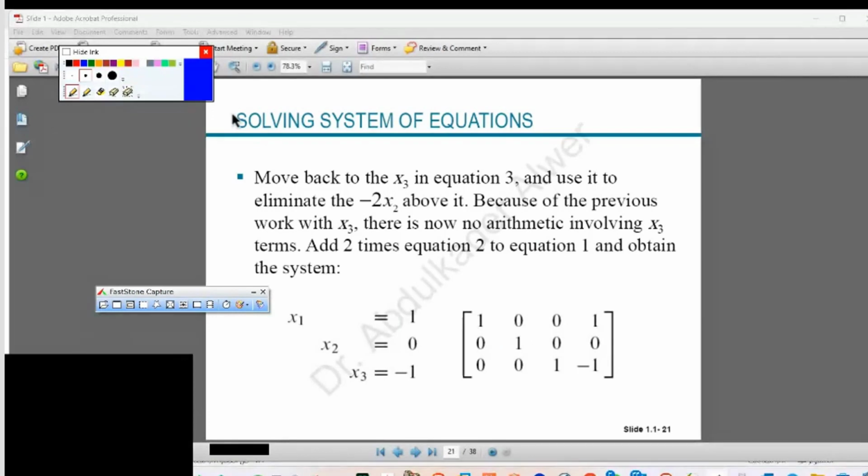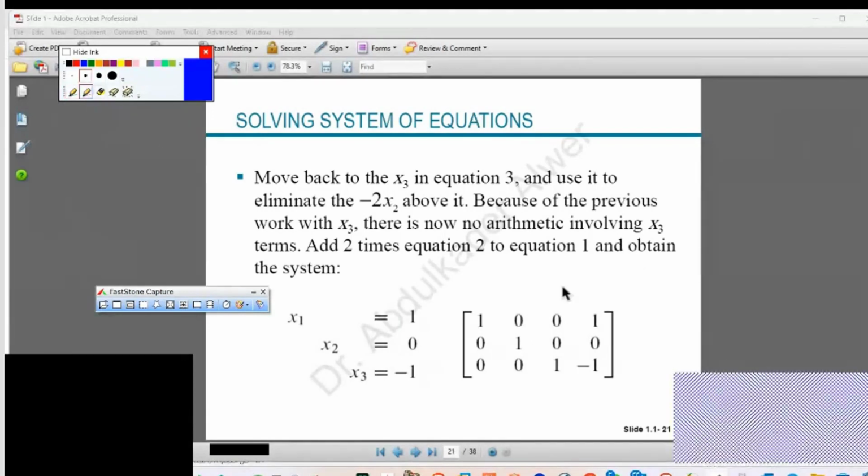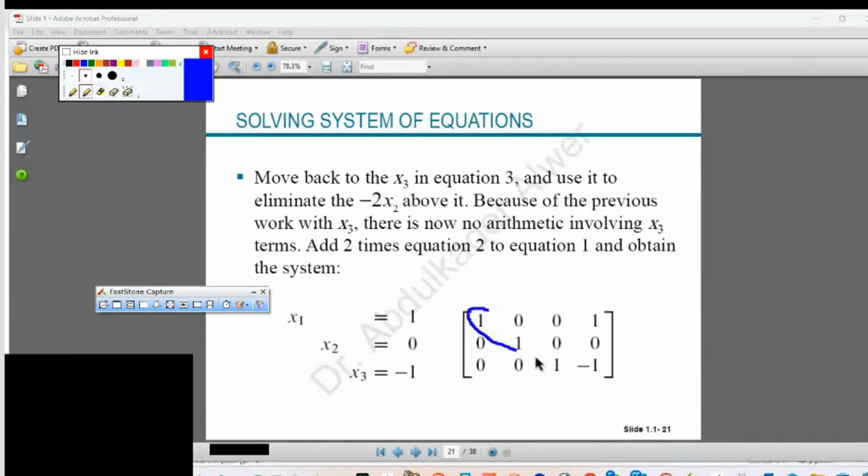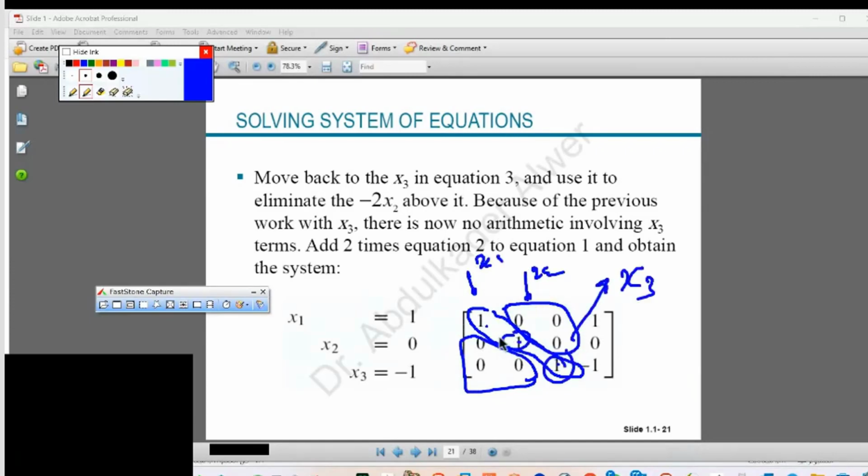Some books or some instructors ask you to solve and they get this one: 1, 1, 1, and here you have to get 0. Here you have to get 0. So here, this is x1, this is x2, this is x3.